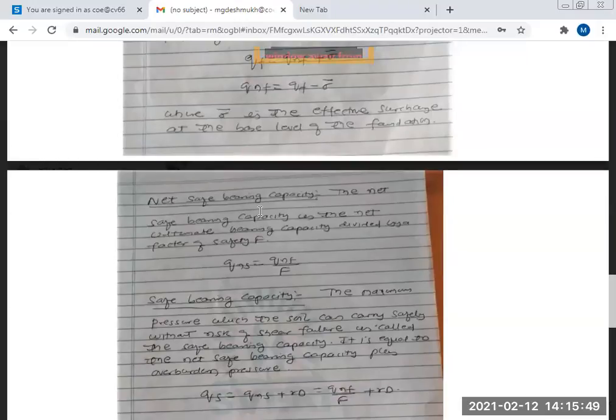So net safe bearing capacity is nothing but net ultimate bearing capacity divided by factor of safety.